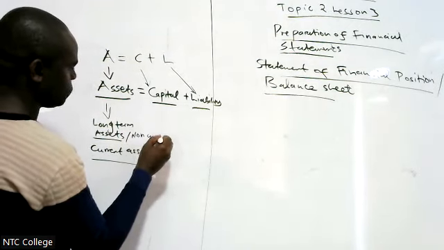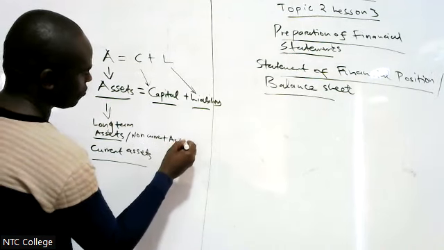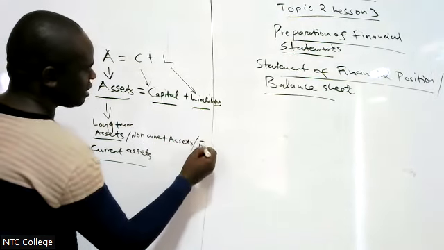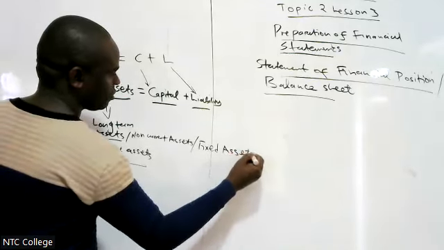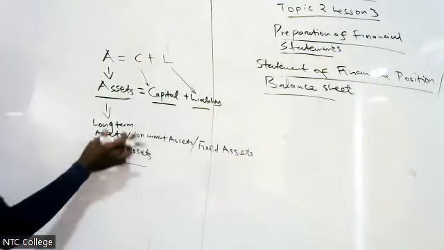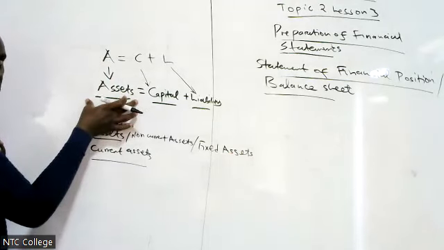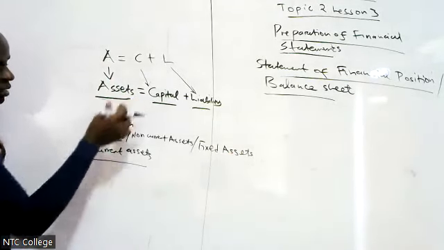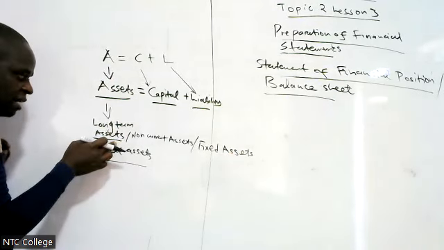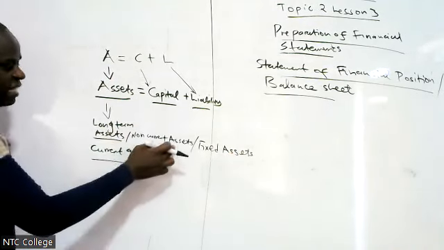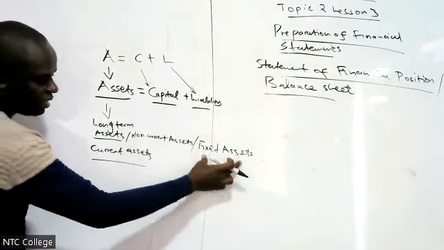Non-current assets. Sometimes they are called fixed assets. They are the same thing. So these are the 3 things you find under the column of assets. And we have different names. We have long-term assets or non-current assets, or we call them fixed assets.